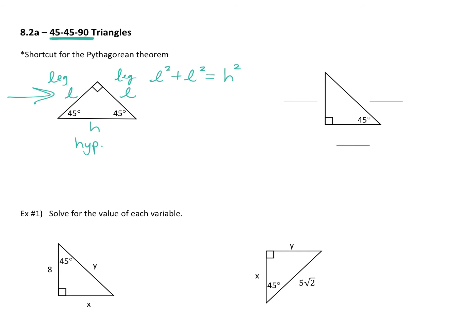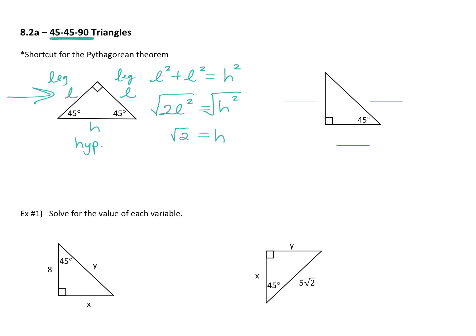Now, if we simplify that, I could say L squared plus L squared is 2L squared equals H squared, right? And if I square root both sides to figure out what the hypotenuse is in relationship to my other sides, I would get the hypotenuse equals the square root of 2 times the square root of L squared. And what's the square root of L squared?